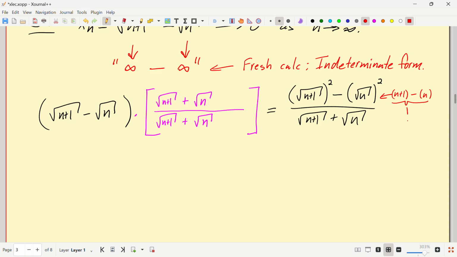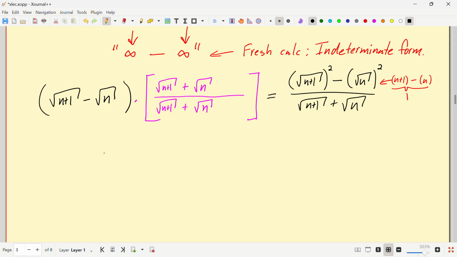So this thing that looks like who knows what it goes to is actually obviously really small. The denominator is even bigger than the square root of n, so this would be even less than 1 over the square root of n.